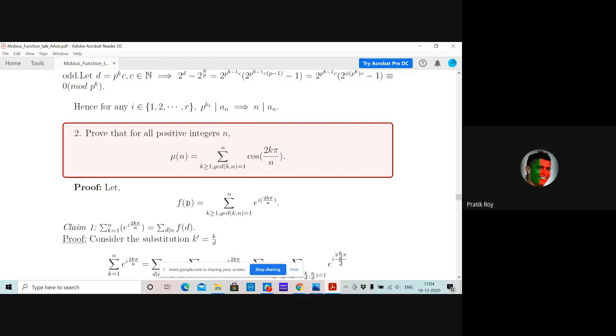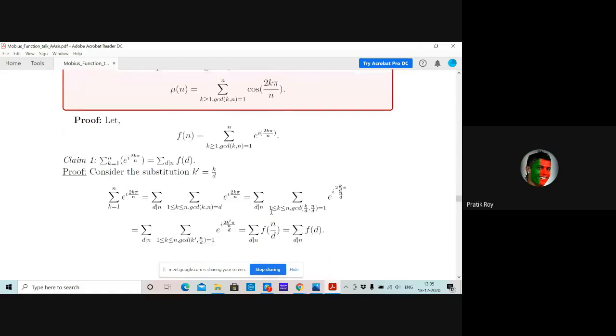So if we define f(n) as the right hand side of this identity, it is obviously an arithmetic function, because the domain is natural numbers and the output is in a subset of complex numbers, so it is obviously a number theoretic function.